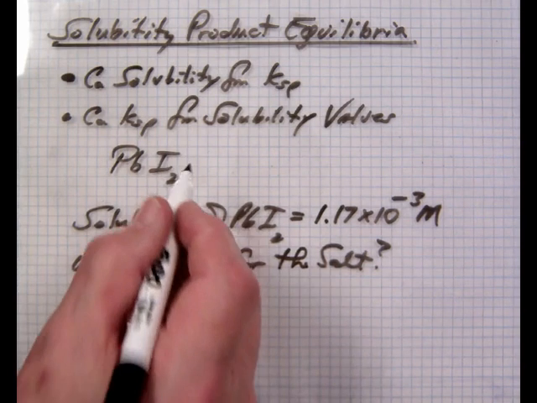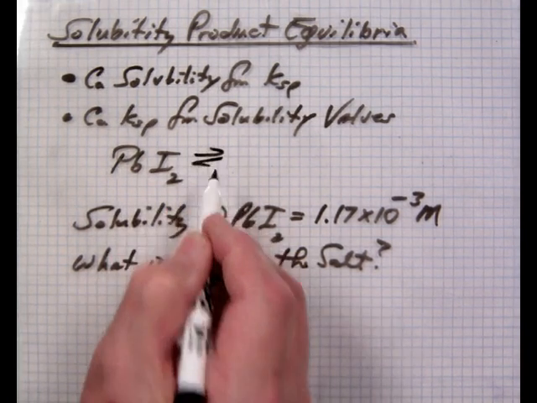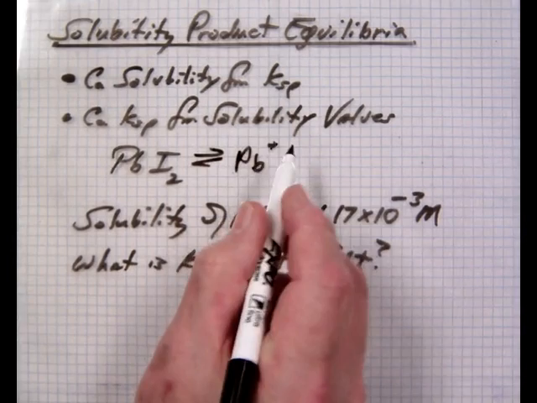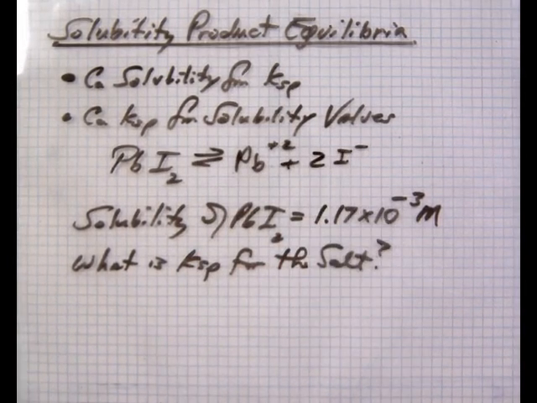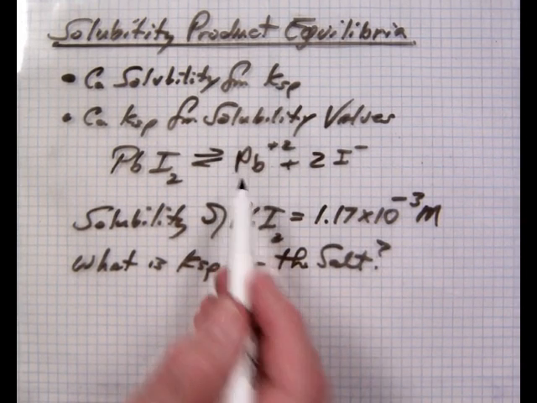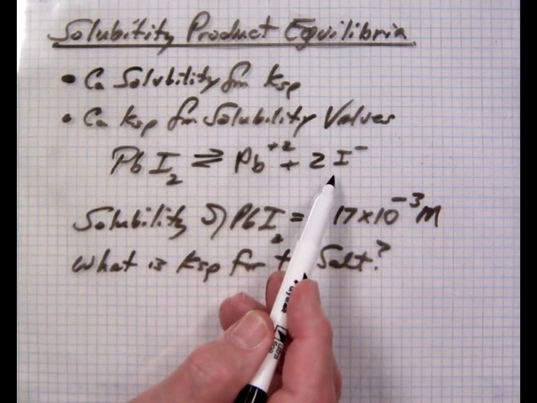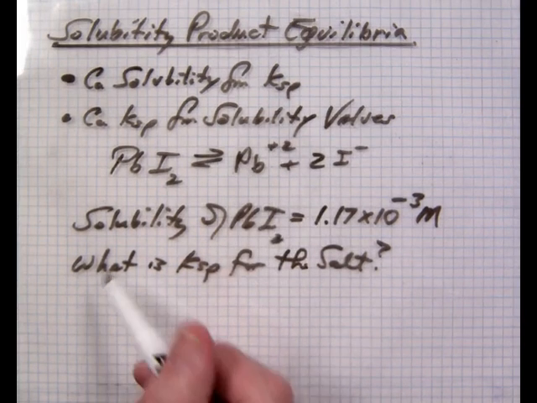So in order to work this one, you have to be able to write the KSP expression. This would ionize to 1 part lead and 2 parts iodide. Well, the solubility happens to be the lead concentration, but it is not the iodide concentration that you would have to use. How do you get the iodide concentration based on this?